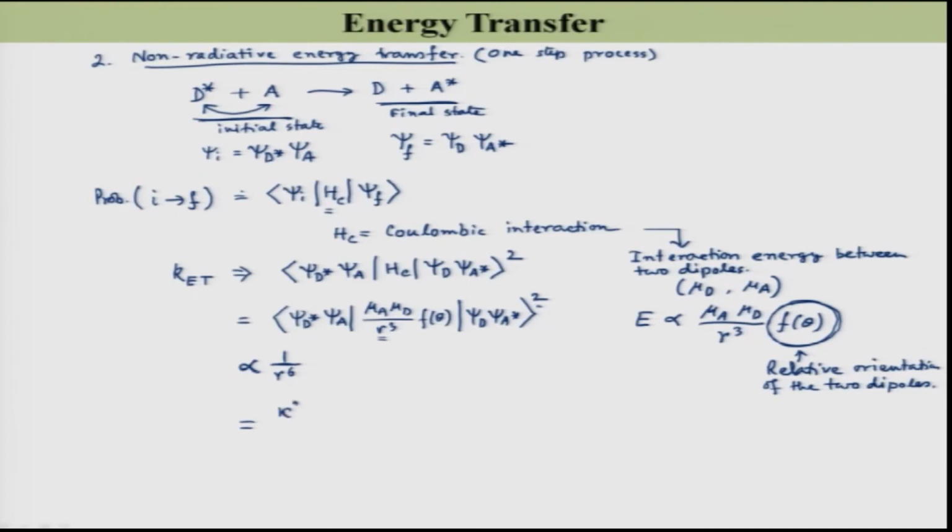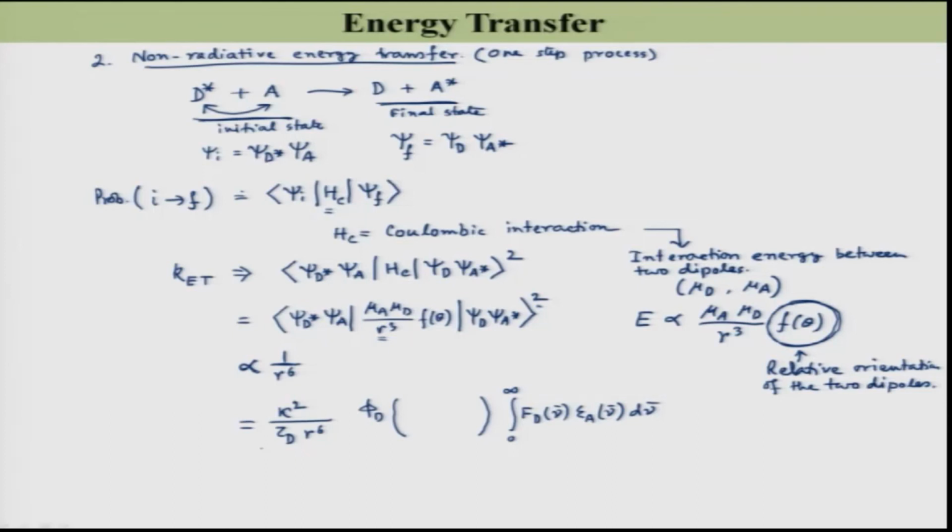Now, if I write the complete expression, it will look something like this: kappa square by tau d r to the power 6, phi d, and then there is some constant which I am not writing over here, and then the integration 0 to infinity of f d nu bar epsilon a nu bar d nu bar.